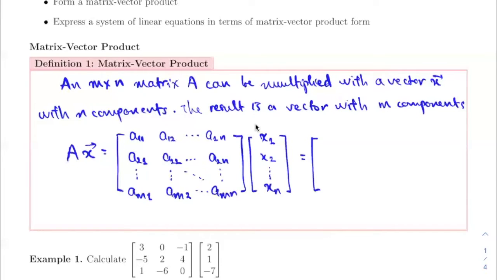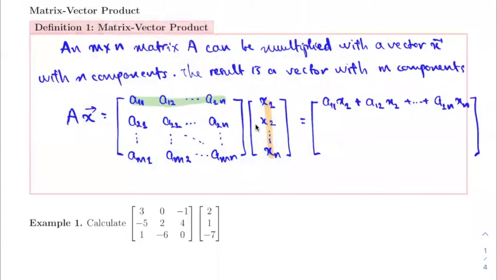To do this multiplication, you're going to take the first row of the matrix and multiply with the column vector. This gives us A11 X1 plus A12 X2 up to A1N Xn. And you do the same for the second row and so on until you get to the last row, which is the M-th row.